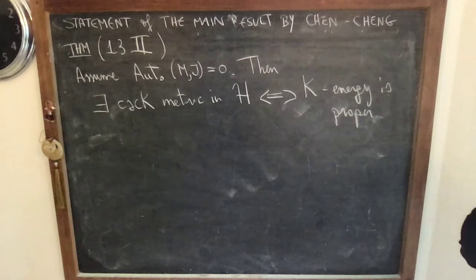In the definition of properness, we saw the normalization condition and the d1 distance.